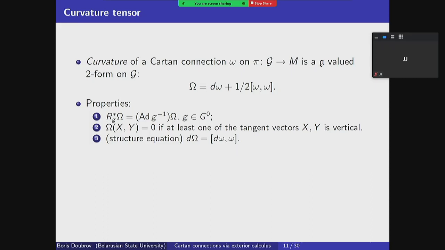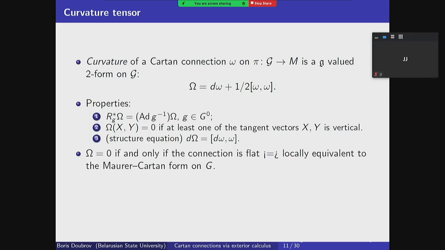And we also have a structure equation here, which is a generalization of Bianchi identities for Levi-Civita connection, for example. And most importantly, curvature measures how far our Cartan connection is from the flat one, or from the Cartan form of the Lie group.